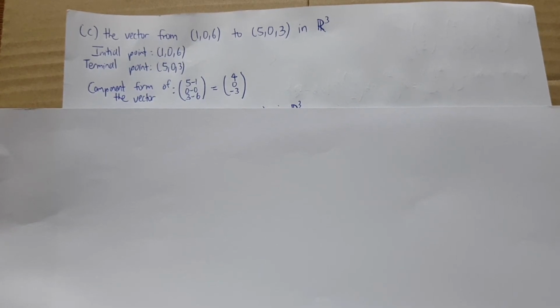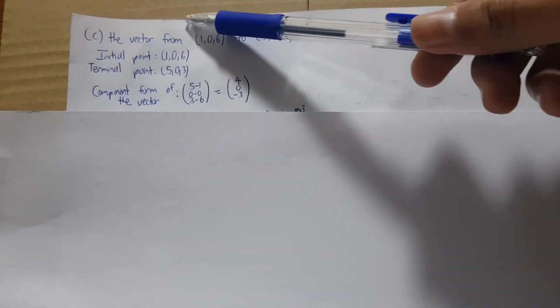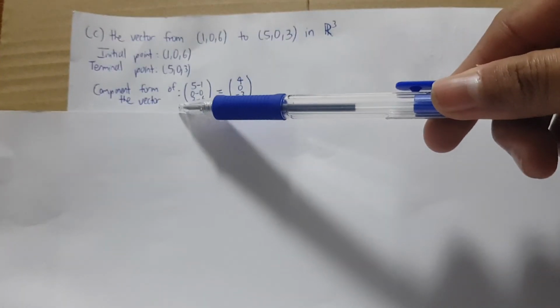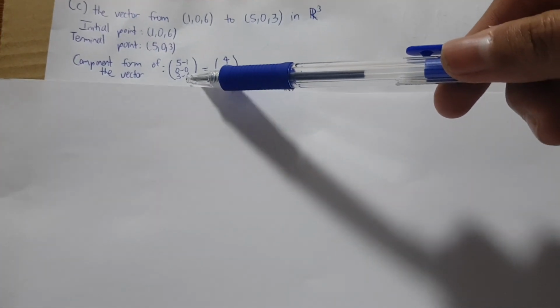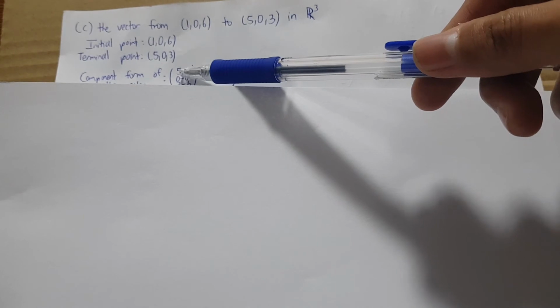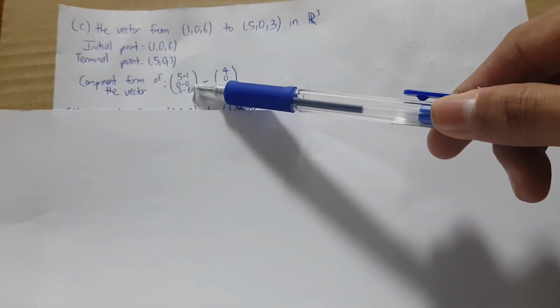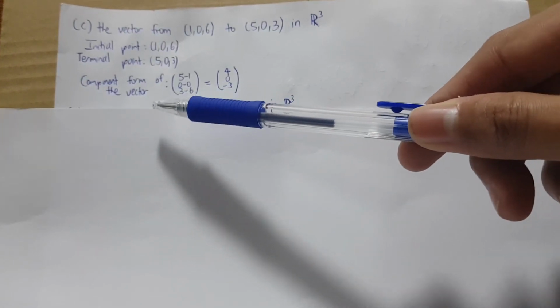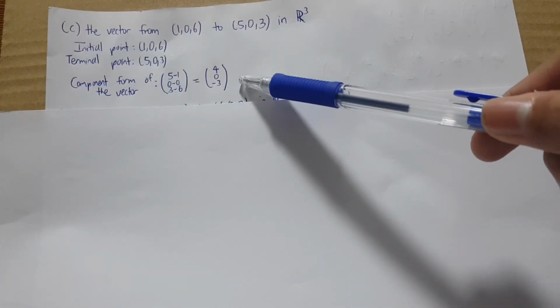So the same thing, we just identify the initial point and terminal point. Initial point is this, terminal point is this. For the component form of the vector, you get the final x-coordinate minus the initial x-coordinate, and then the final y-coordinate minus the initial y-coordinate, and the final z-coordinate minus the initial z-coordinate, which will give me (4, 0, -3).